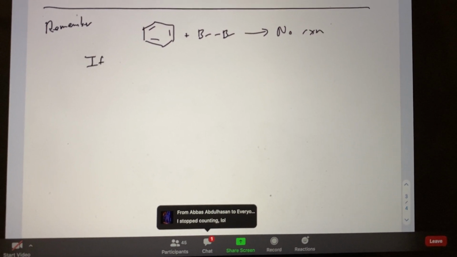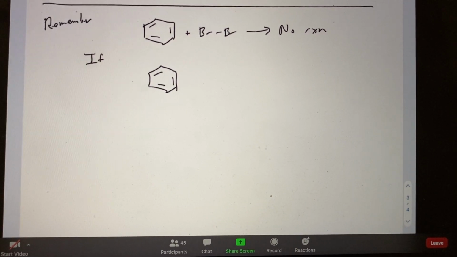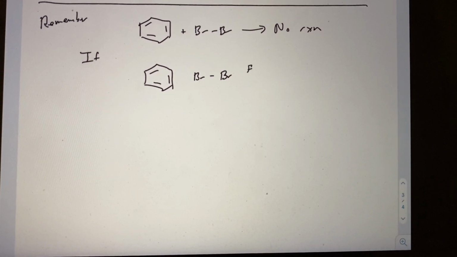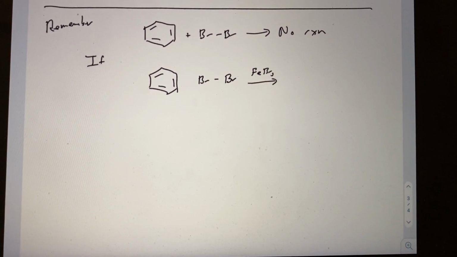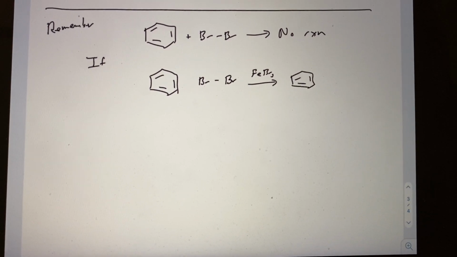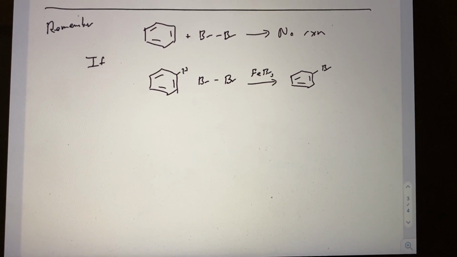However, we then said, if we take benzene and treat it with bromine in the presence of a compound we haven't seen before, iron tribromide, FeBr3, we'd end up actually having this substitution reaction. So we replaced a hydrogen with a bromine. And it could be any hydrogen, they're all the same.